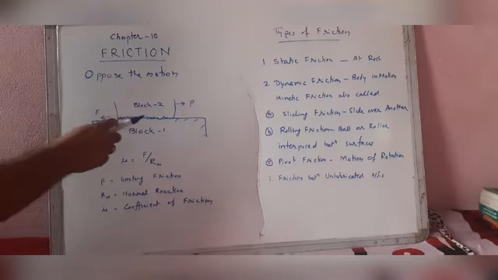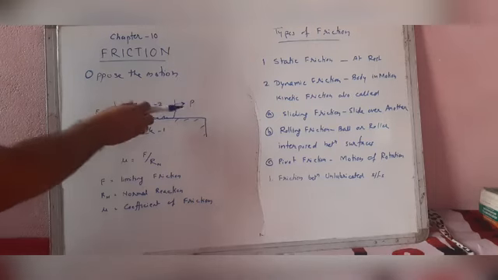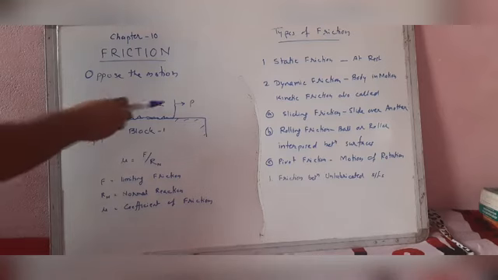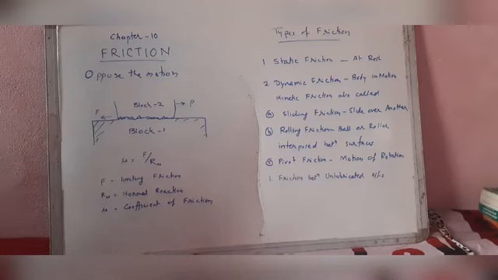When we start to move this block in this direction by applying some force P, the block wants to move tangentially in the direction of P with respect to a surface which is at rest. The interlocking property of the projecting particles opposes the motion.